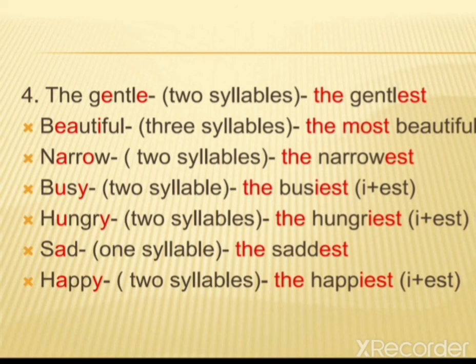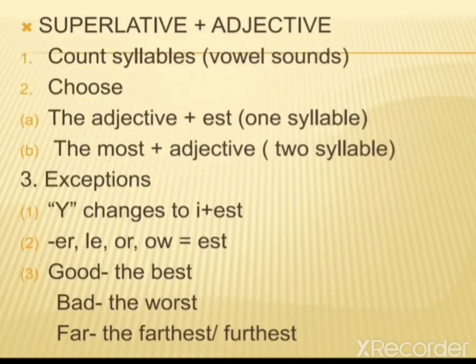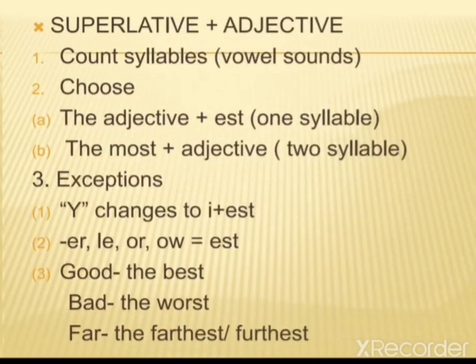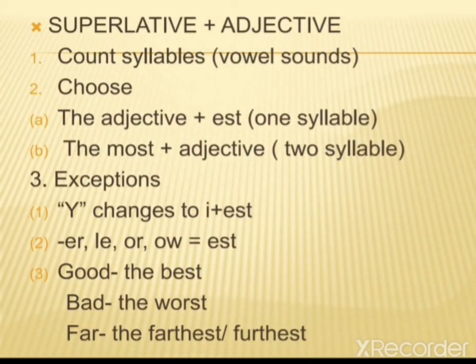It's difficult to say, so be careful. You can never put two things together. You can only use A or B. EST or the most. You can only put one of them, either EST or the most. Understand?